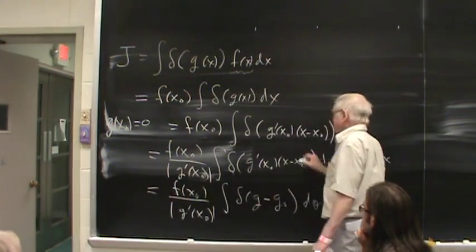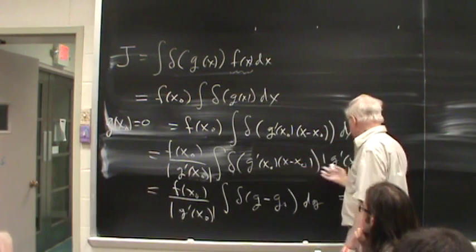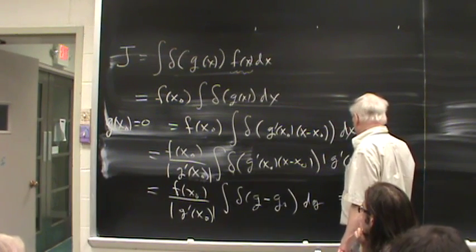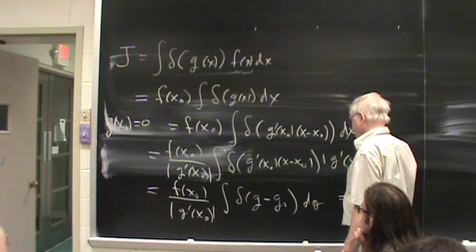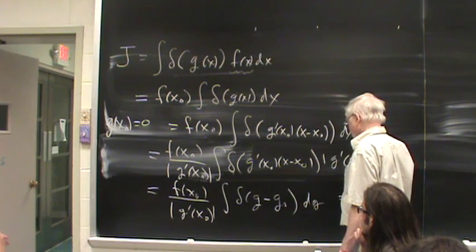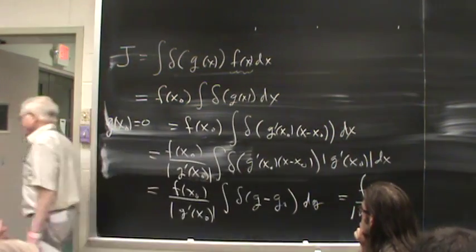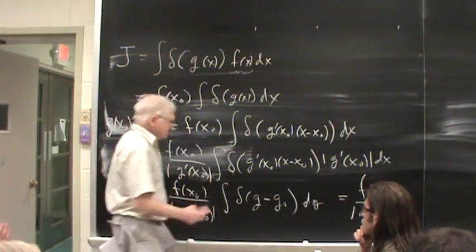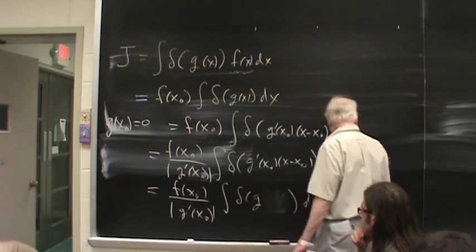And indeed, that's positive, this is positive, everything's fine. G0, of course, is 0, so this is really d of g.